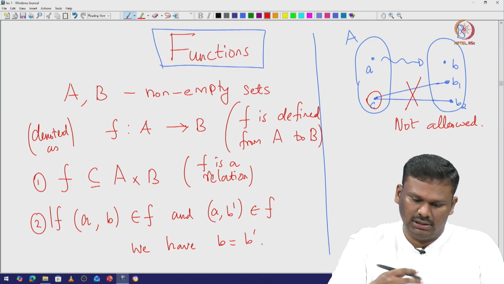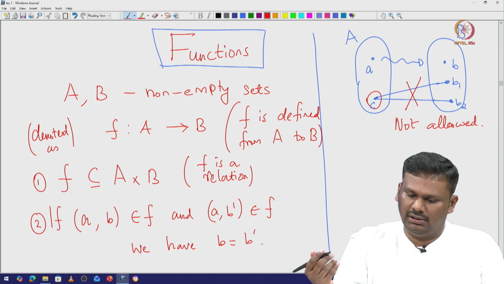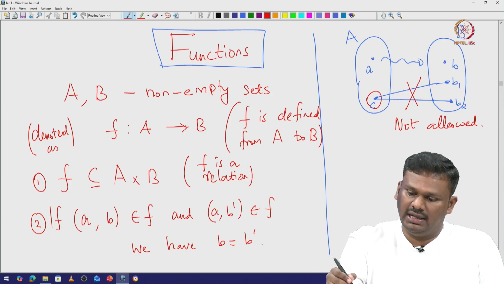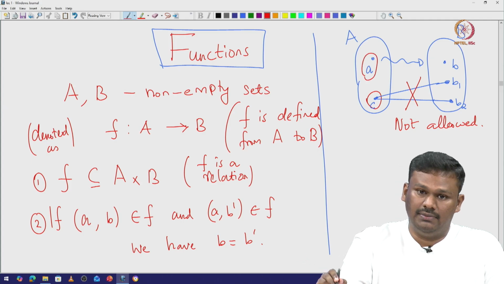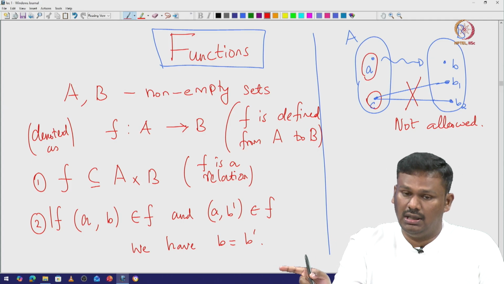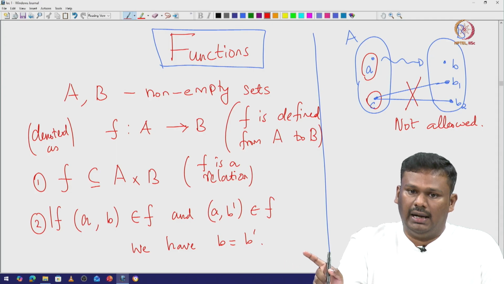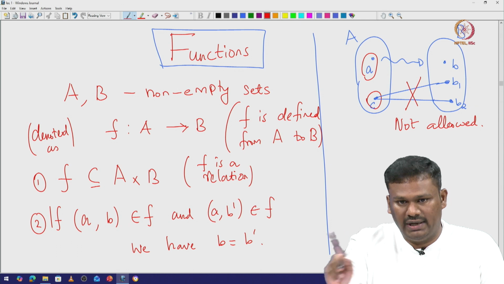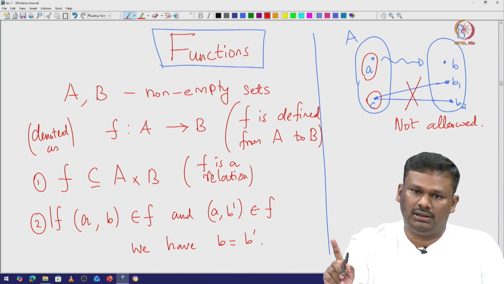This is a more technical definition, but in practice you can see that given an element a in A, I want some element b in B that is related to a, and at most one element should be related, not too many elements.